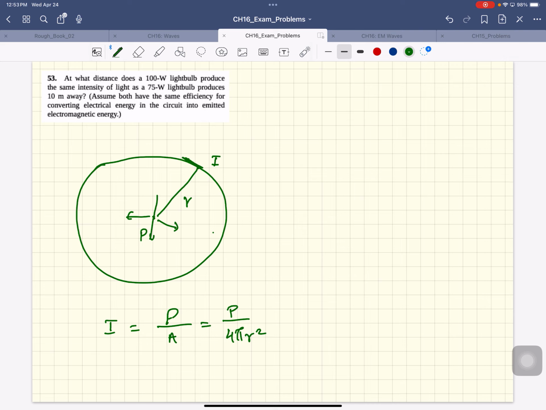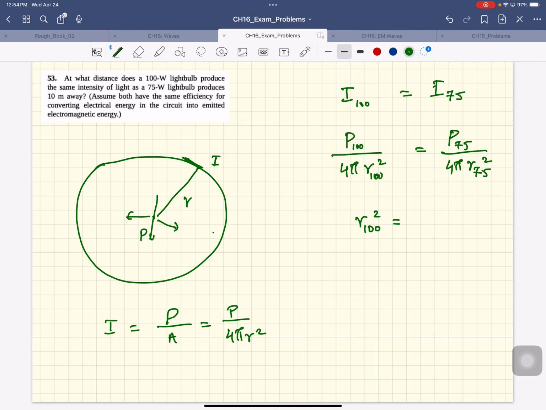So what we want is the 100-watt bulb to produce the same intensity as the 75-watt bulb. So this is power 100 divided by 4 pi r 100 squared, equal to power 75 divided by 4 pi r 75 squared. The 4 pi's cancel.